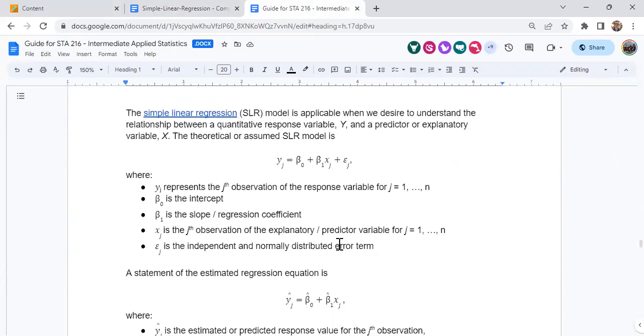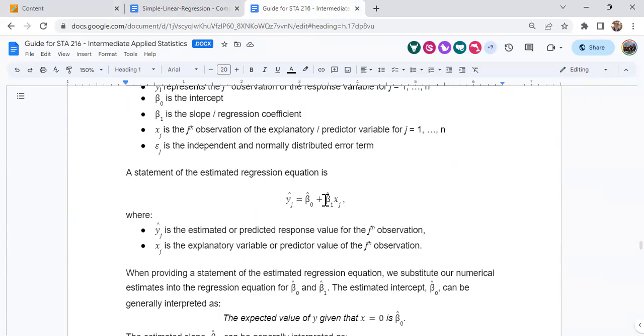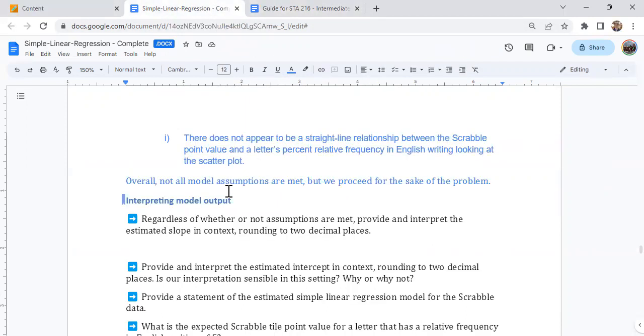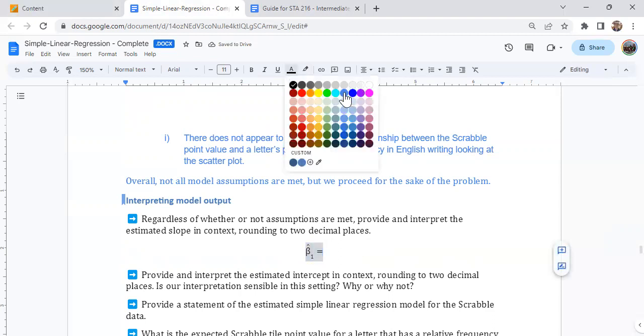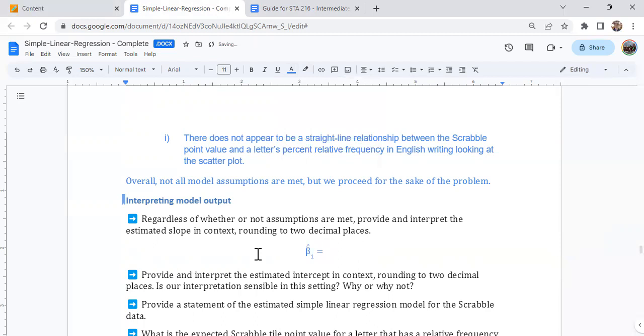Trying to get the beta hat symbol to copy.